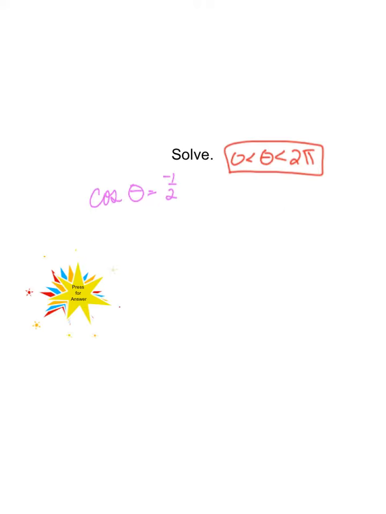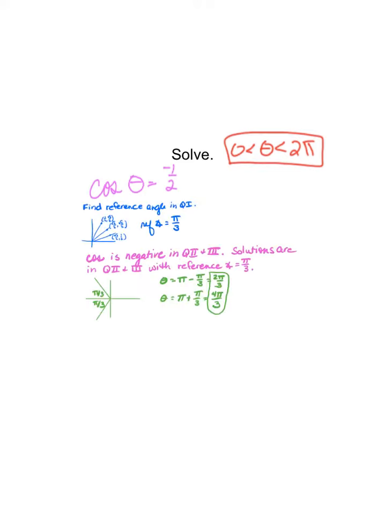Write this down. I want you to solve this one on your own. I want you to note that we are in radians, and when you're ready for the answer, press play again. So here's the solution. I found the reference angle in quadrant 1. That reference angle is where x was 1/2, and that was at pi over 3.